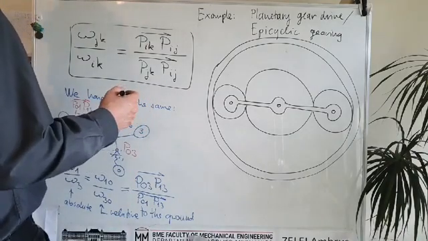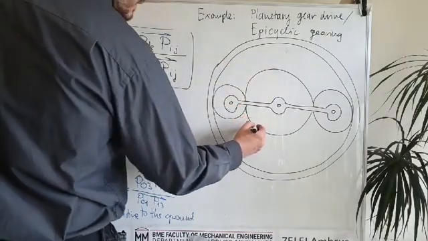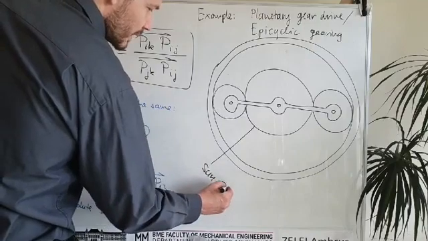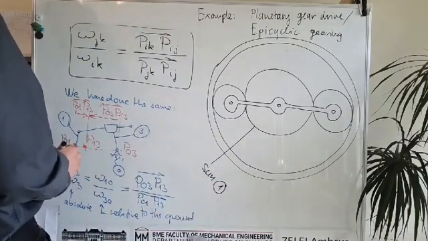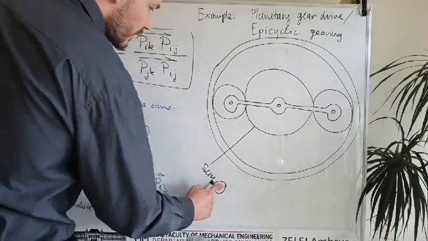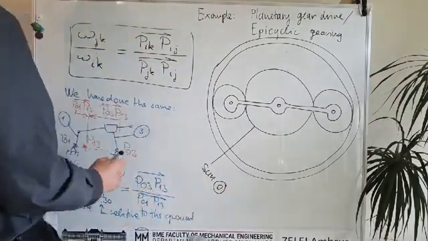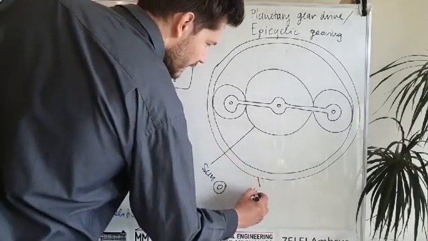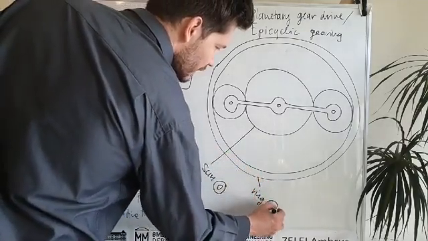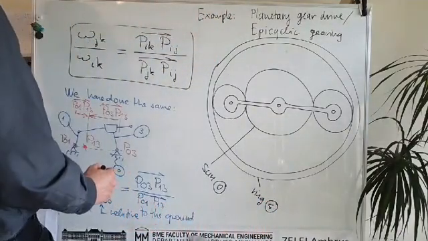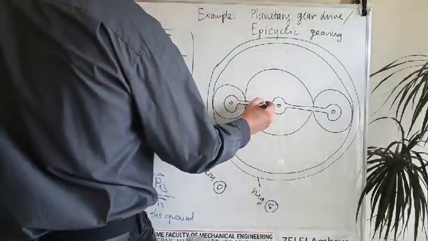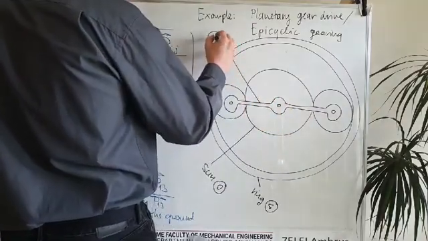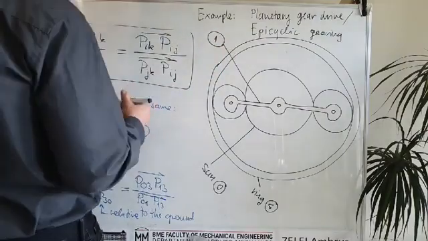So the middle gear is called sun, and its number will be number 1, and then number 0, and the ring will be rigid body number 4. So out there is the ring, which is rigid body number 4, and this carrier will be rigid body number 1. Okay, this is the carrier.